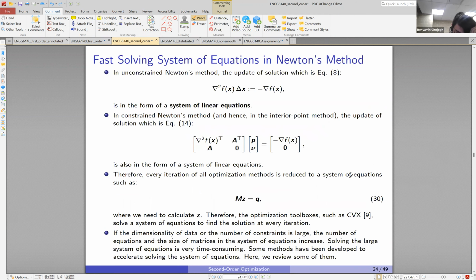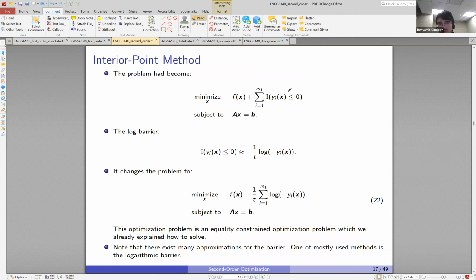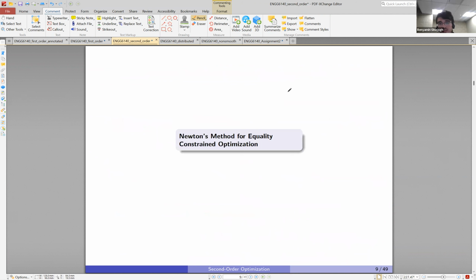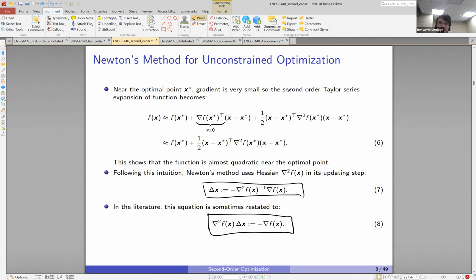We are reviewing them. By the way, in unconstrained Newton's method, we saw that this is the update. Do you remember equation 7 or equation 8? Let me bring it up so you can recall it. Either equation 7 or equation 8 can be the update for delta x for the unconstrained Newton's method.